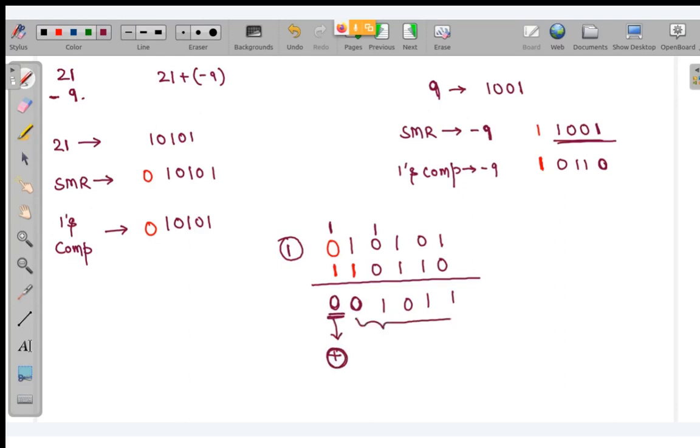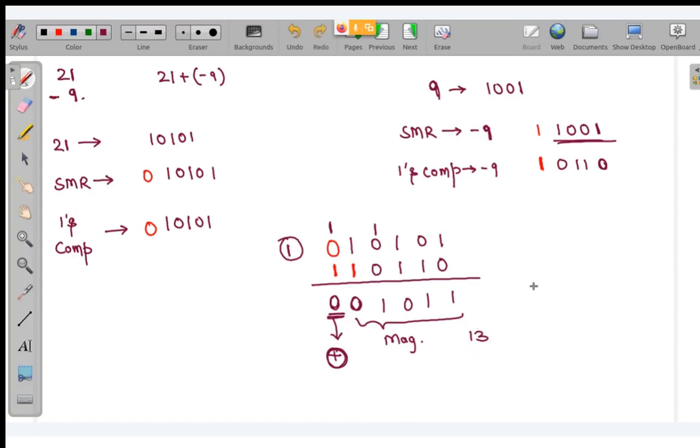These are all now magnitude bits. If you calculate, this is 8 plus 4, and we are getting 13. So we are getting 13, we are not getting 12.